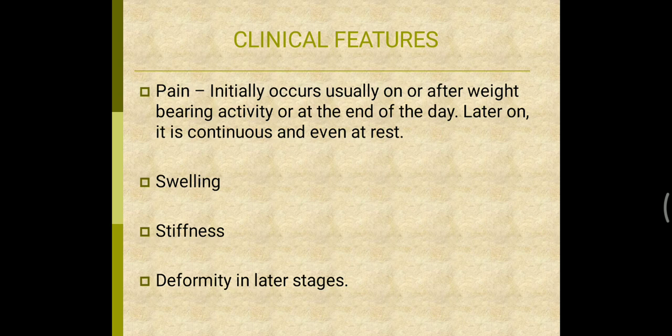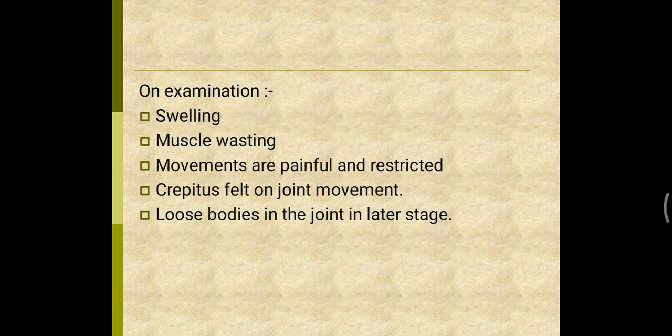And in early morning, initially stiffness will be more present due to muscle pain and spasm. And another is deformity in later stages, like genu varum or bow legs deformity is more common in knee osteoarthritis cases.